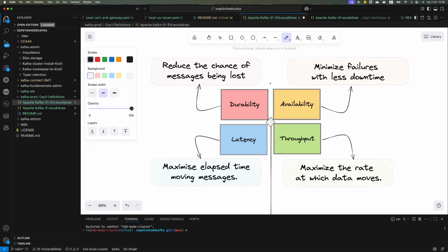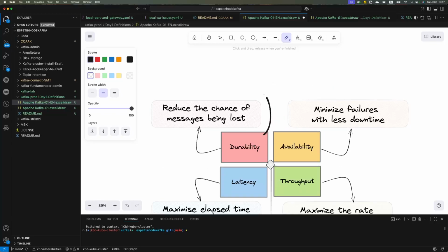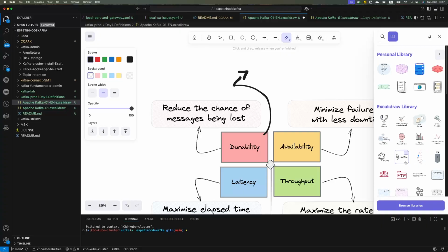So the first thing is durability. Let's talk a little bit about durability. Durability is reducing the chance of a message being lost. Let's hypothetically talk about some messages that will go to Kafka.